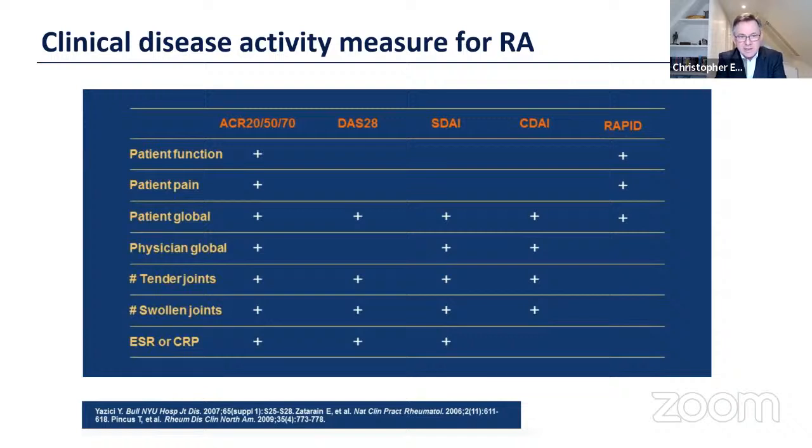DAS28 has the patient global, tender and swollen joints out of 28, and the ESR or CRP. SDAI also has the physician global. And then CDAI skips ESR and CRP. And one of the strengths there is around maybe looking at therapies that have a very strong effect on IL-6 and therefore on CRP and ESR.